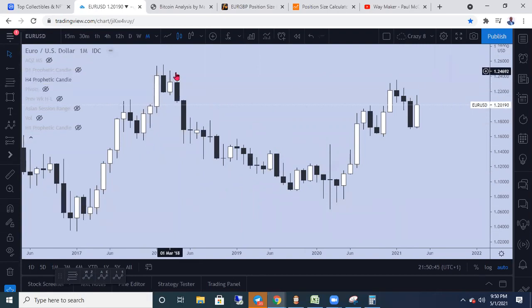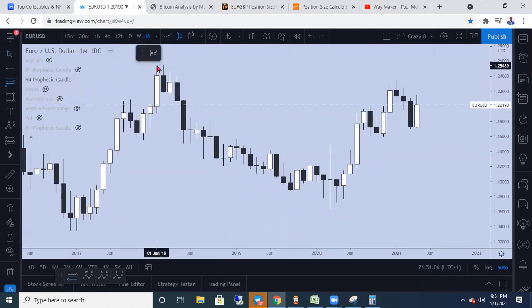This is an AQZ qualifying candle. This is the highest point recently. This happened January 1st, the month of January 2018. This was the highest point I can see on my chart, right? And price dropped below.